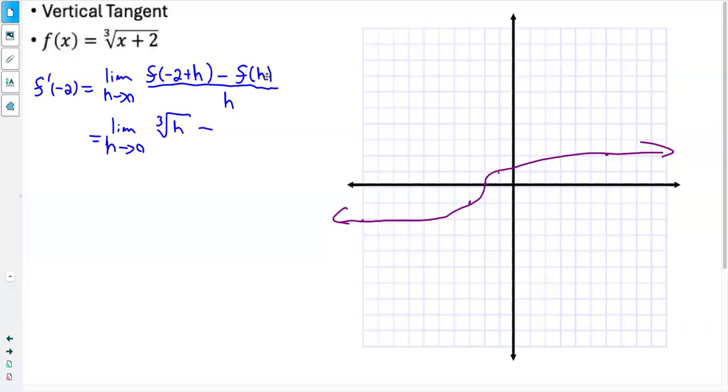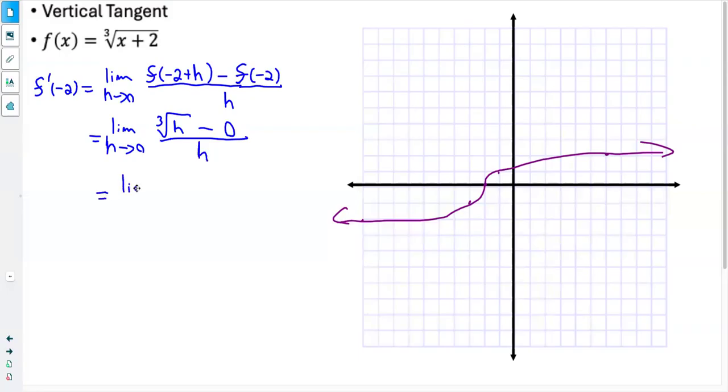minus f of a. Sorry, because it shouldn't have been f of h, it should be f of our a value, which in this case was -2. So if we substitute -2 in here, -2 plus 2 is 0, cube root of 0 is 0, and that's being divided by h.